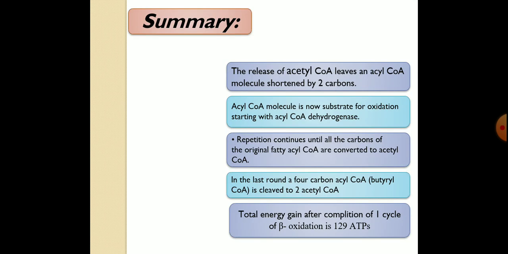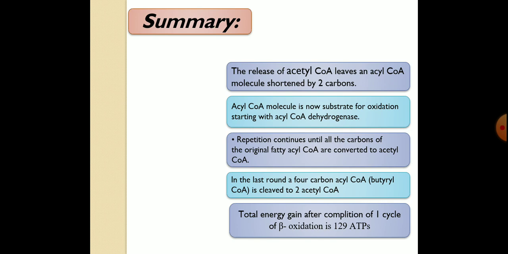So, summary of our today's webinar is the release of acetyl coenzyme A leaves an acyl coenzyme A molecule which is shortened by 2 carbon. Acyl coenzyme A molecule is now substrate for oxidation starting with acyl coenzyme A dehydrogenase.